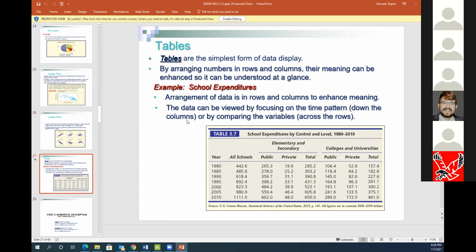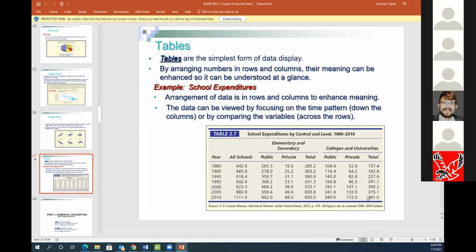And the last part is tabular description. So visualizing data, summarizing data in tables is also one of the visualization tools. If you have big data, you can do pivot table and cross tabulation. That is all for visualizing the data.